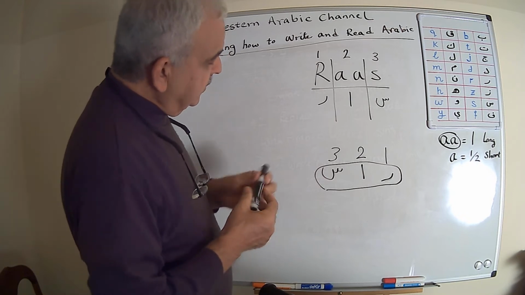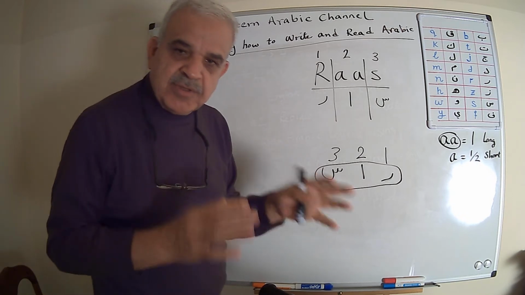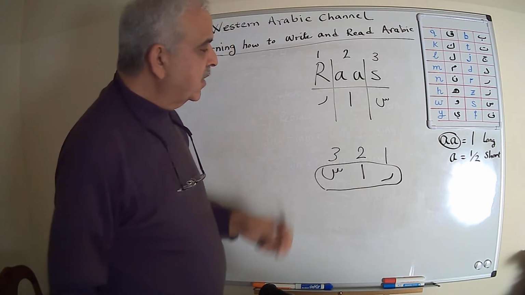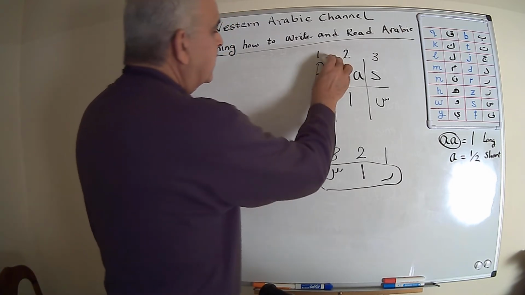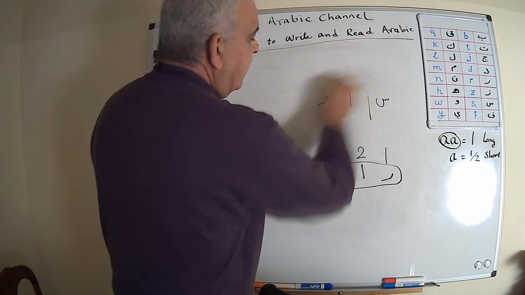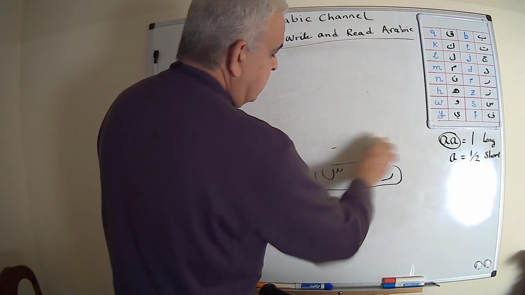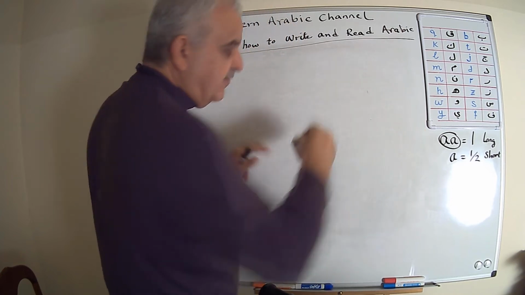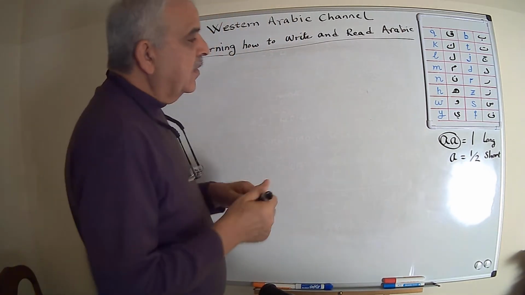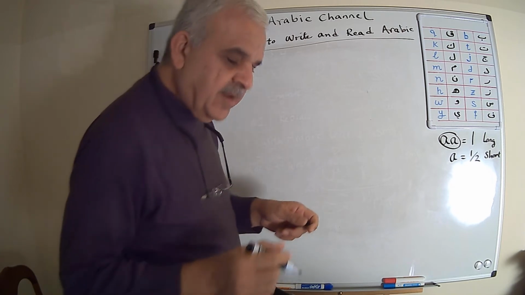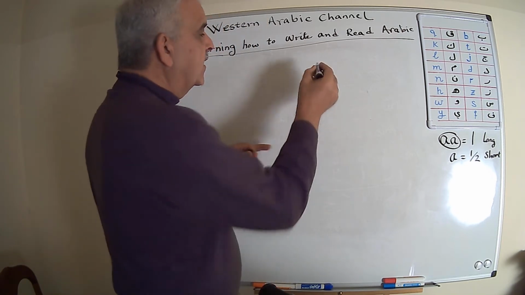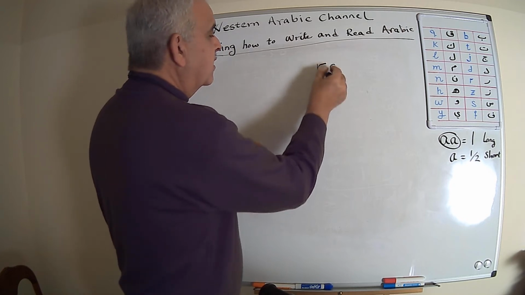So this is the methodology that we are going to use in every word until we learn the Arabic alphabet and we know how to write and recognize those letters. Let's take another example. Another example is rai.